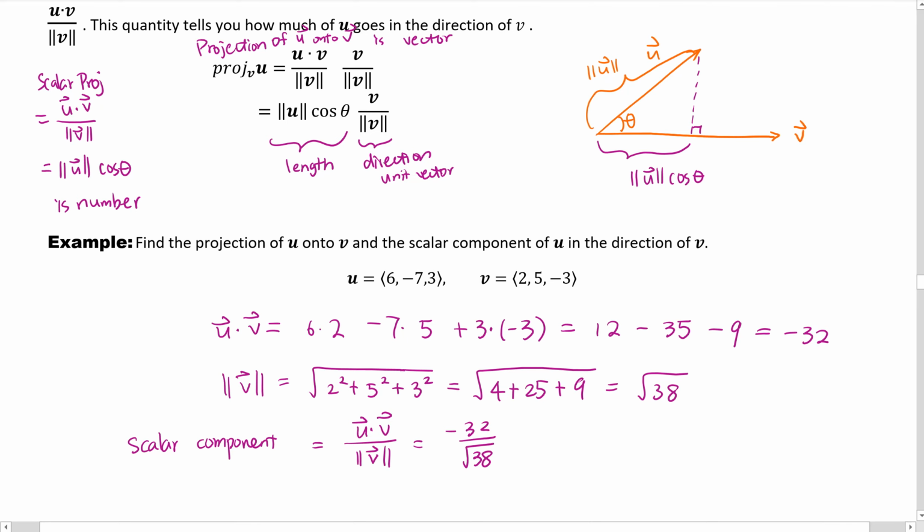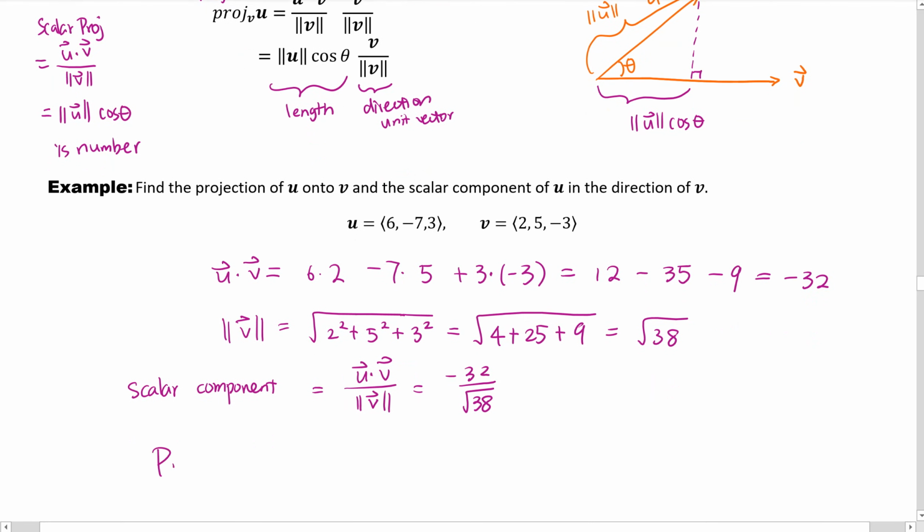So far so good. How about the projection of u onto v? That is u dot v over the magnitude of v squared, times v.